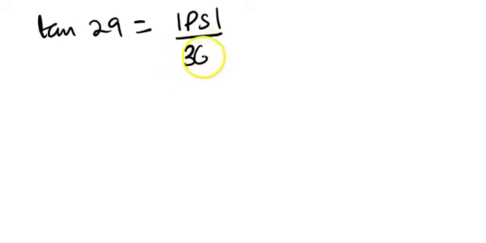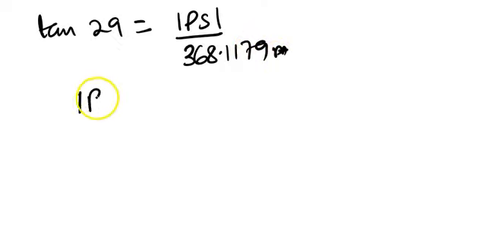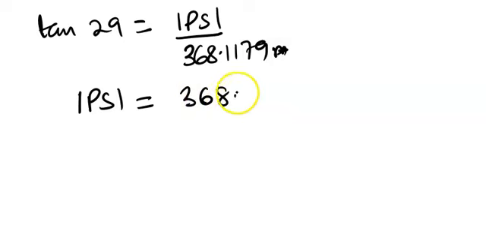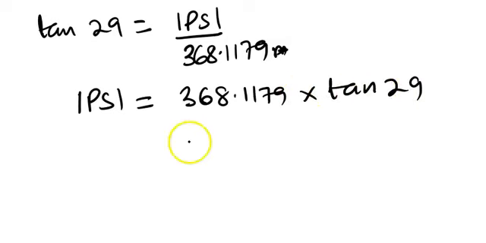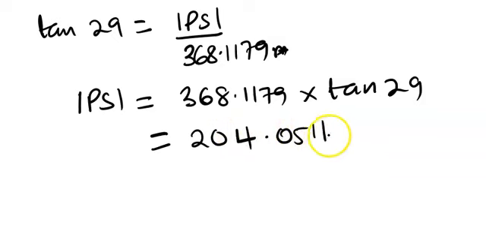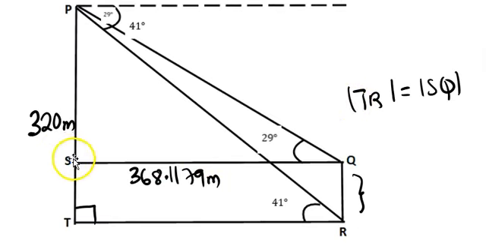Adjacent is 368.1179 meters. The distance PS becomes 368.1179 times tan 29. So when we simplify, we are getting 204.0511 meters.